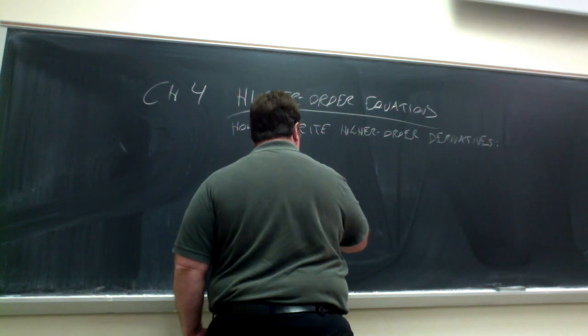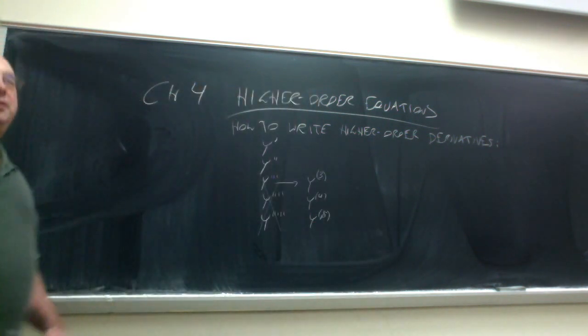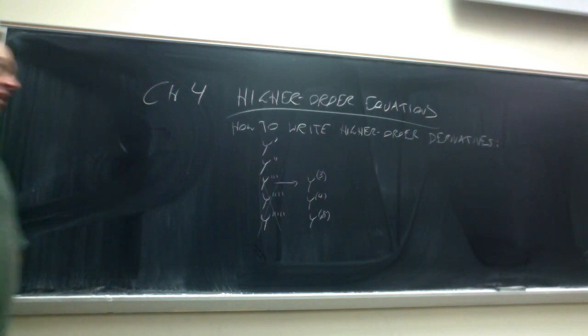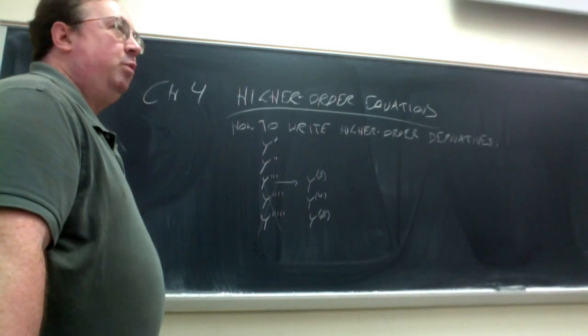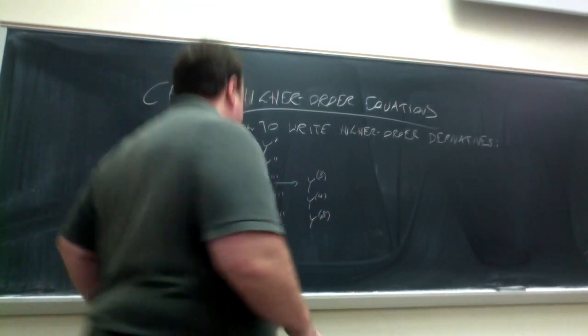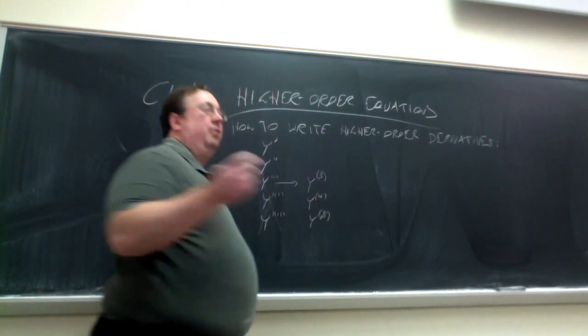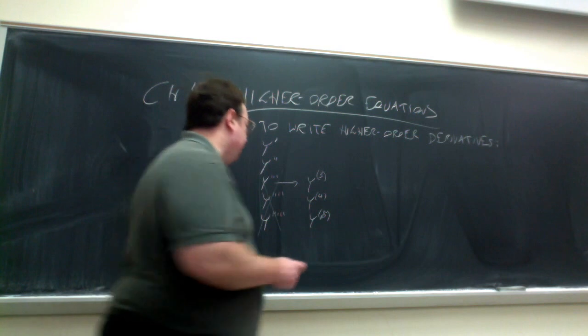Then y superscript 4, y superscript 5, etc. Different people use different conventions. Usually, I think it's a good idea for derivatives of order 3 or more to use this notation. And really, you can use it for any derivatives, as long as it's easy to tell what derivative you're talking about.